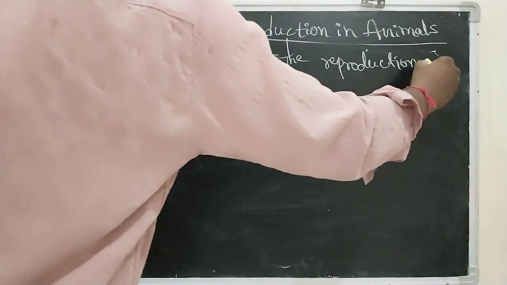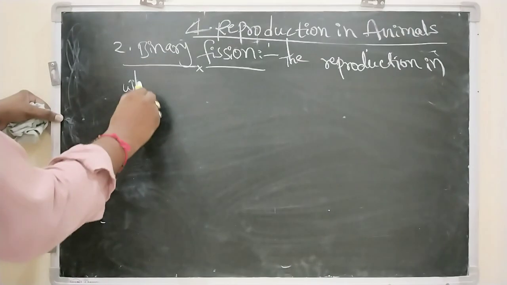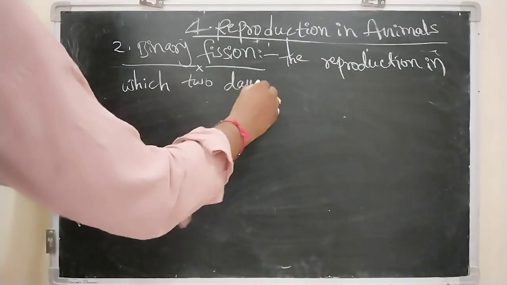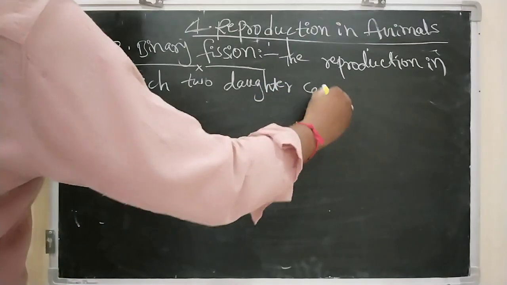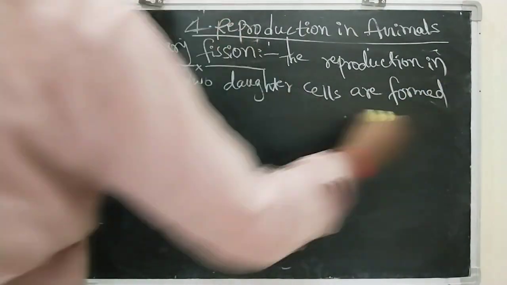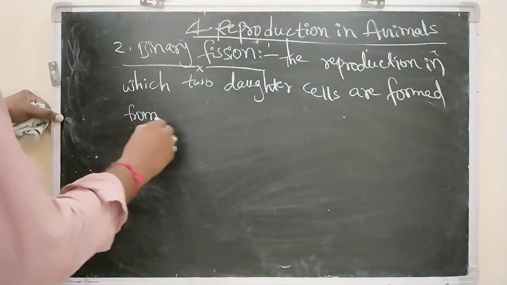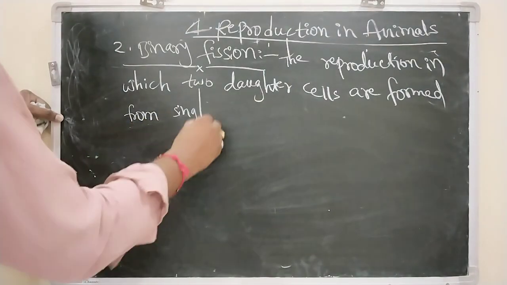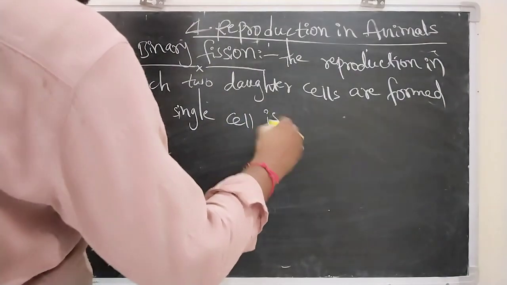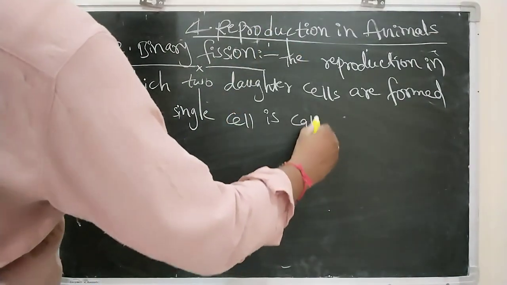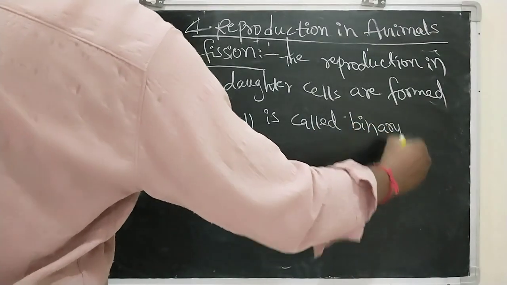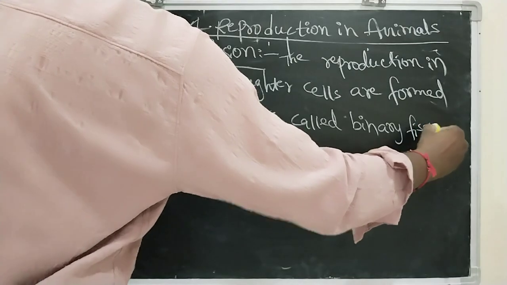The reproduction in which two daughter cells are formed from a single cell is called binary fission. Or two daughter amoebae formed from a single amoeba is called binary fission.